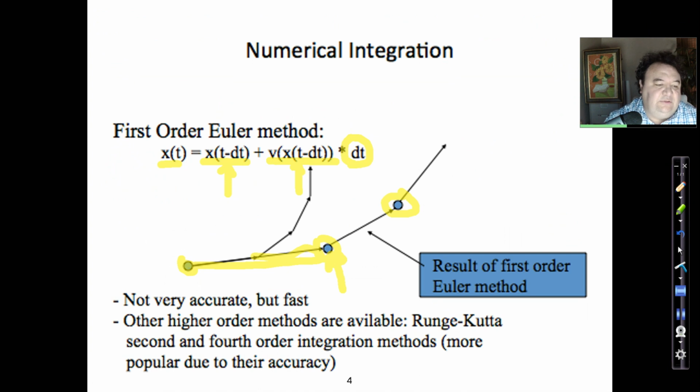Now, the method is not very accurate, but it's fast, and I would say also it's very simple. And as we saw in the animation before, there are higher order methods, namely Runge-Kutta, that allow much higher accuracy with much fewer steps.